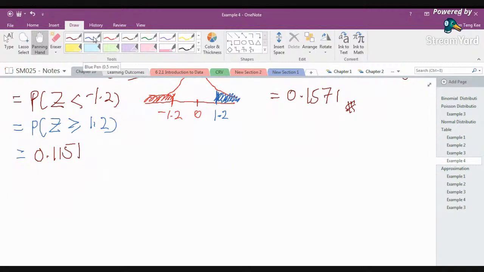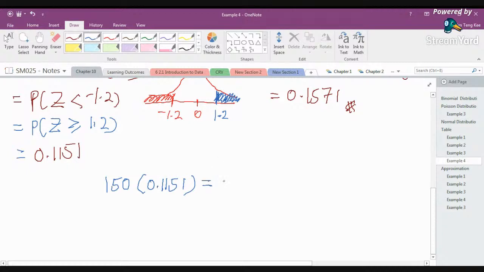The calculation can be done as simply as follows: we take the sample 150, multiply with the probability, and as a result, you find your answer is 17.265. If I convert to the nearest integer, it will be 17. So there are 17 students that happen to have a height less than 164 centimeter.